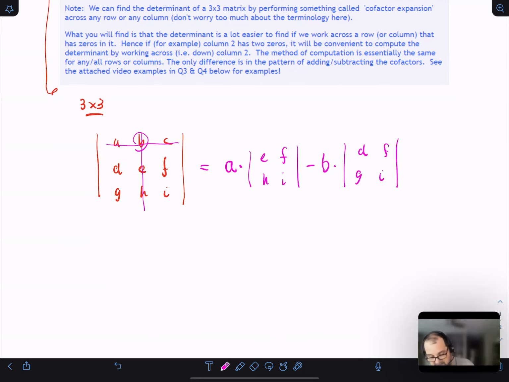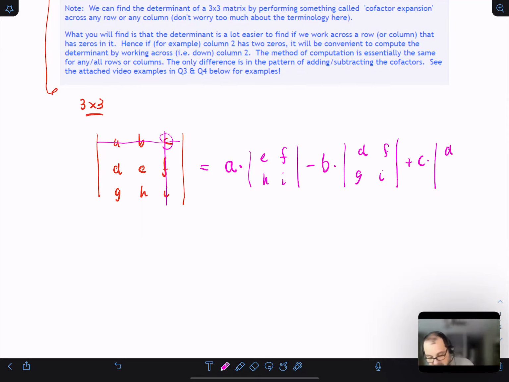The next one is the C. We cross out that row and column, and again we alternate the sign. So this is plus C, and we do the 2x2 determinant, D, E, G, H.